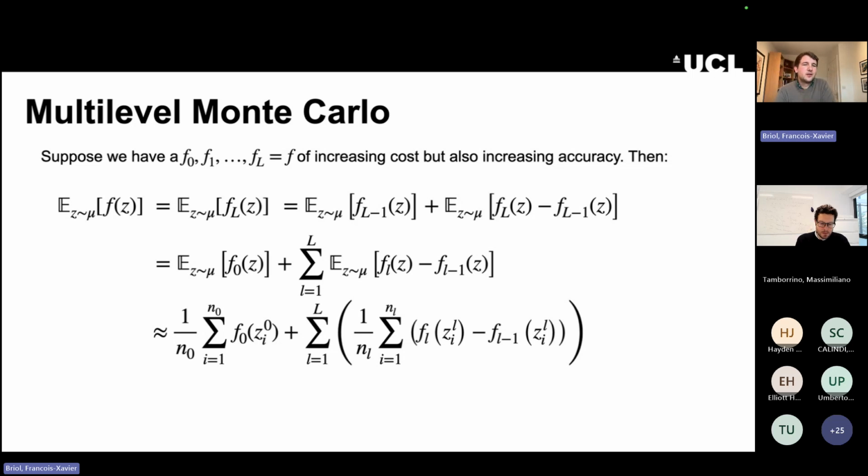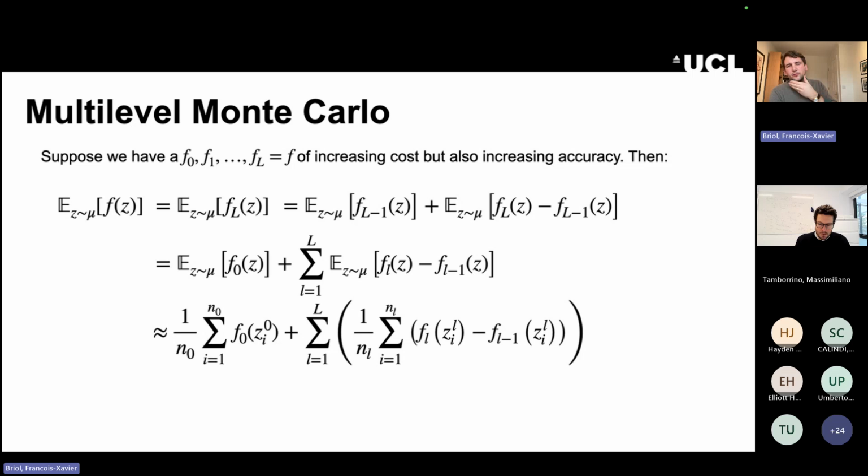That's obviously a bit weird at first. But the key thing is that these L+1 expectations will be a lot easier to approximate than the original expectation. And so, depending on what properties these different functions have, it can be much more beneficial to do this than to do the original problem.